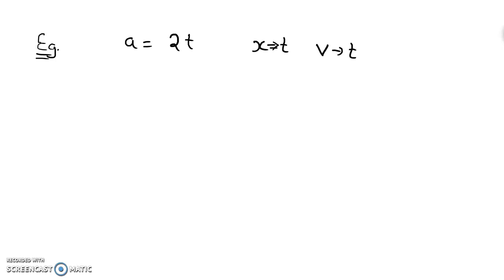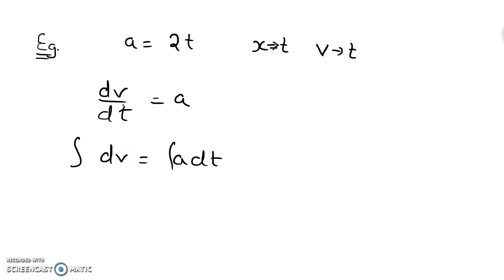I know acceleration is dv by dt, so dv would be a dt. Thereby I can know the velocity as a function of time. Velocity would be the integration of 2t dt, which is t square. So this would be the velocity. Can you feel that?